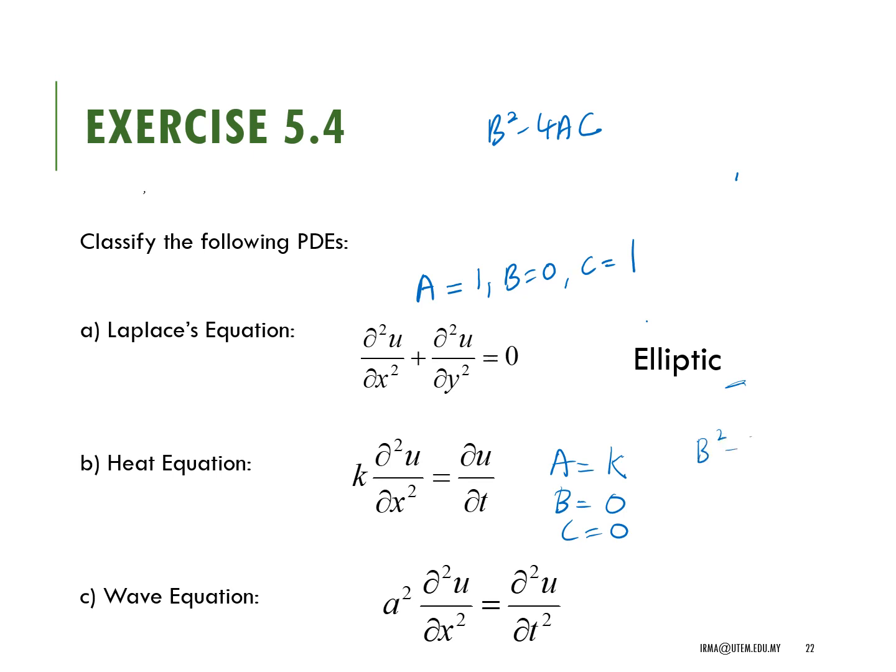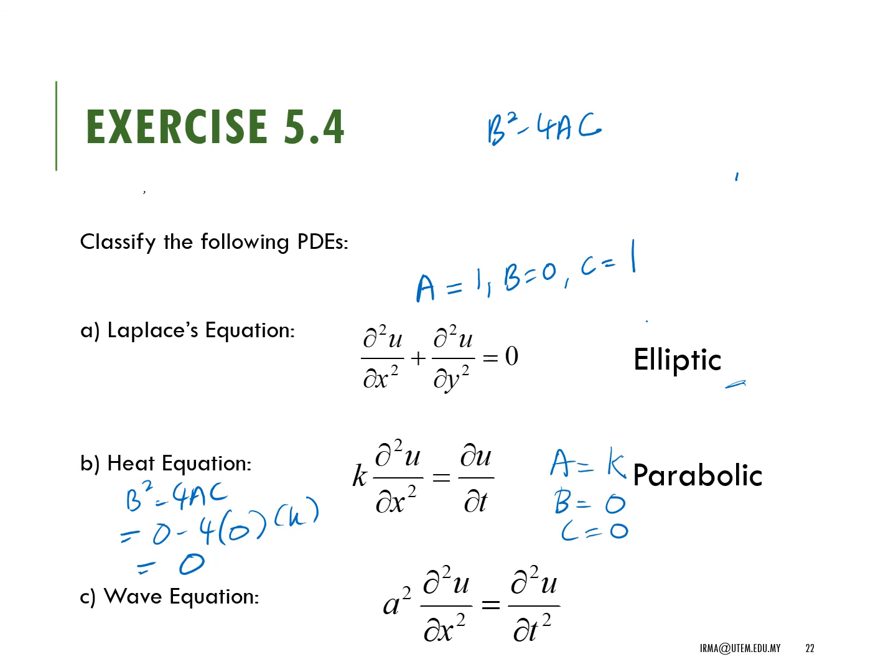So b² − 4ac is equal to 0 − 4 times k times 0, which is equal to 0. Since it is equal to 0, this is a parabolic equation.